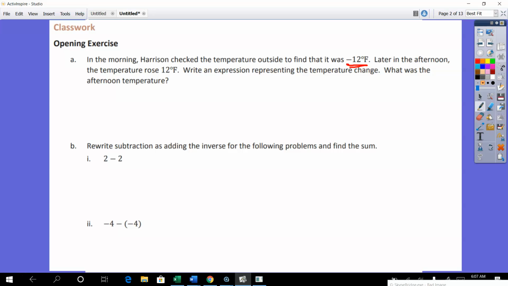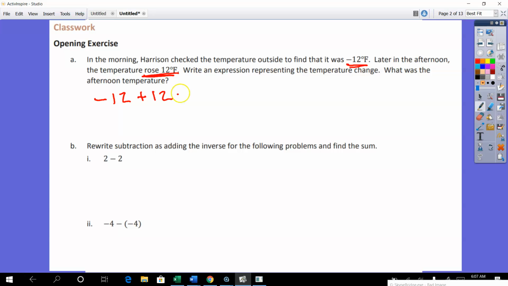Later in the afternoon, the temperature rose 12. Write an expression representing the temperature change. So it was -12. It rose, so it went up 12. Write an expression, and then it says, what was the afternoon temperature?